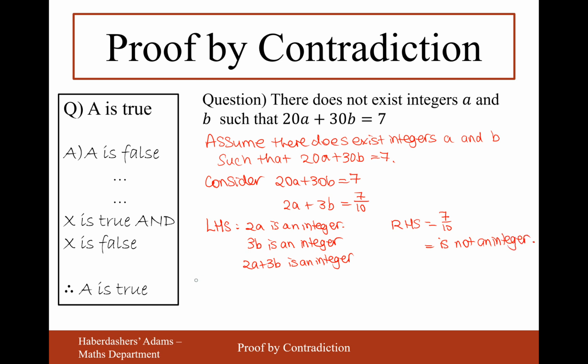So the contradiction here is that 2a plus 3b equals an integer, and the thing that equals 7 over 10, which is 2a plus 3b, is not an integer, which is a contradiction.